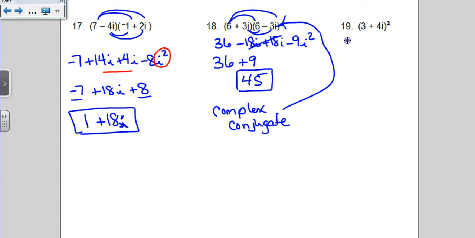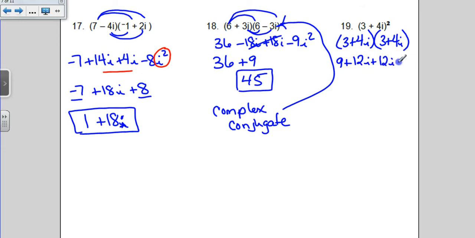Be careful here on number 19. You might be tempted to just distribute the squared, but that's illegal. This is a FOIL problem. It's a 3 plus 4i times another 3 plus 4i. So we end up with 3 times 3, which is 9. And then 3 times 4i is a 12i. And then we have another 12i.